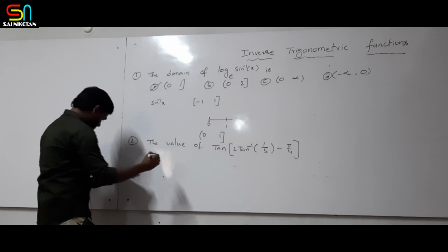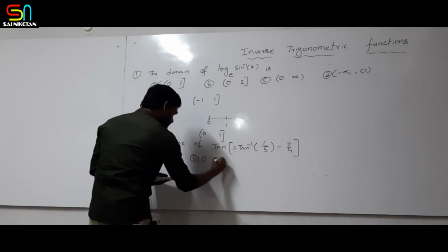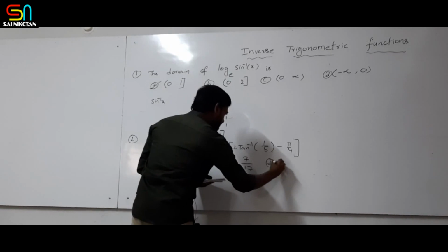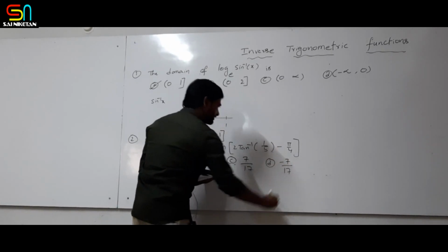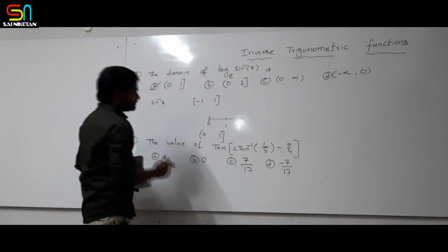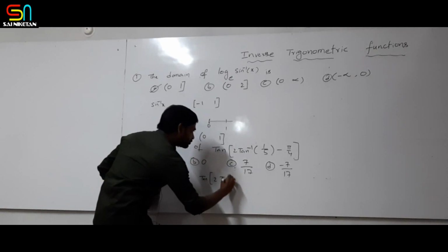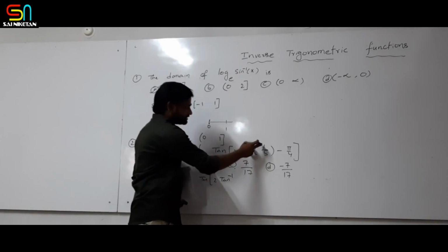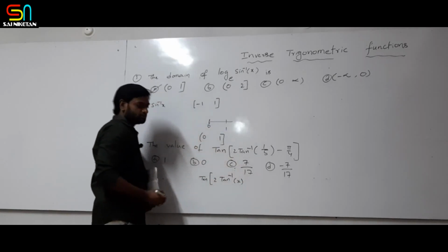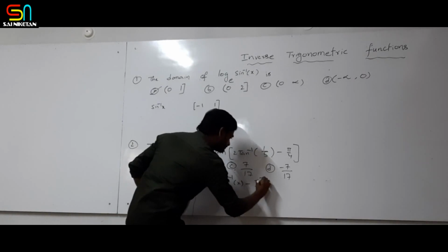Option A is 1, option B 0, option C 7 by 17, option D minus 7 by 17. Okay. Now see here. The format is tan of 2 tan inverse. I am choosing 1 by 5 as x, minus pi by 4.